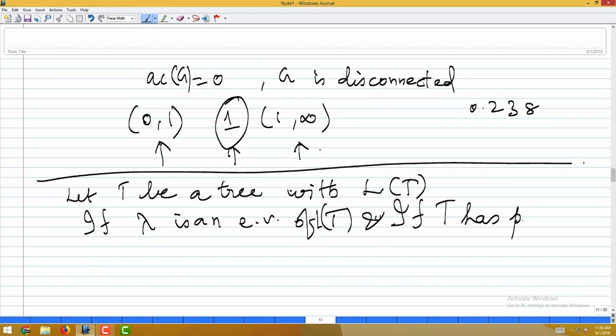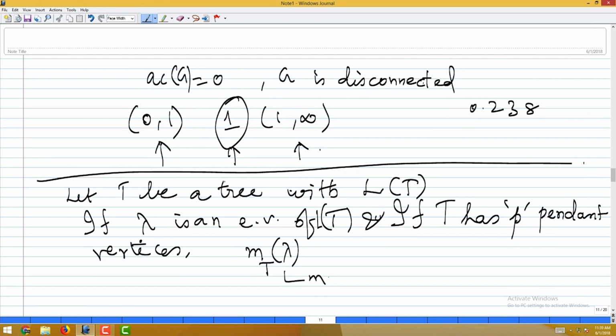So, what is a pendant vertex? Degree 1 vertex, all the degree 1 vertices. So, if there are p pendant vertices, then the multiplicity of lambda, the occurrence of lambda, depends on this p, and it can never exceed p minus 1. Okay. So, m of lambda, this is the notation that we give for multiplicity.